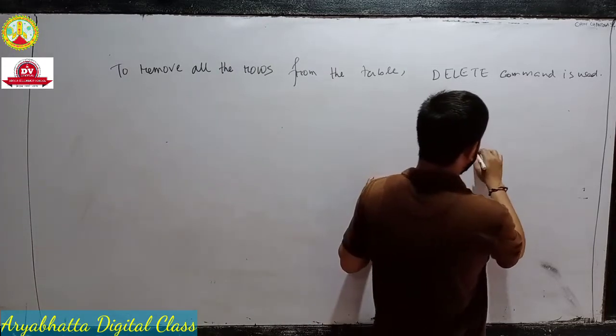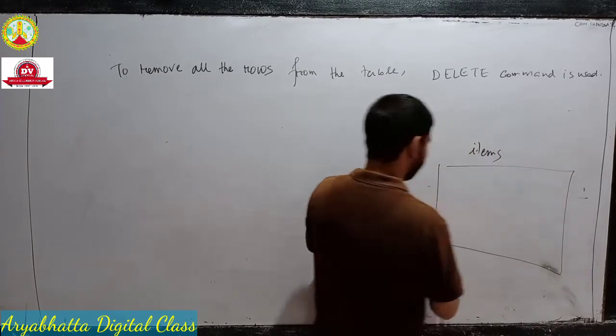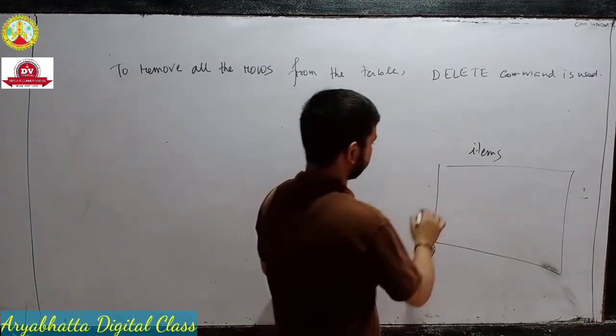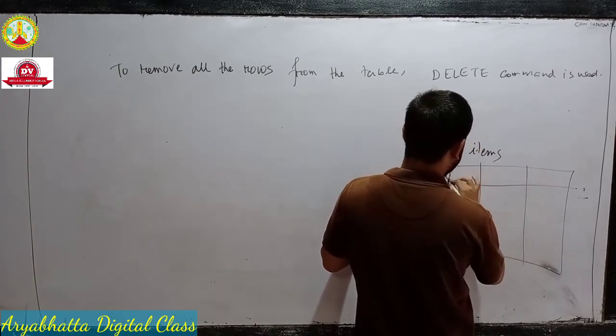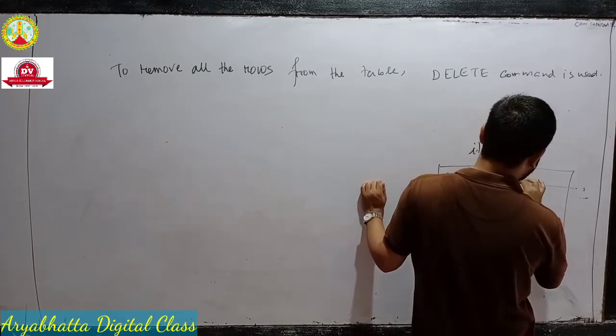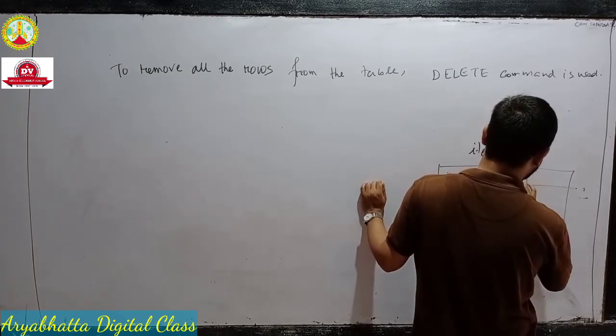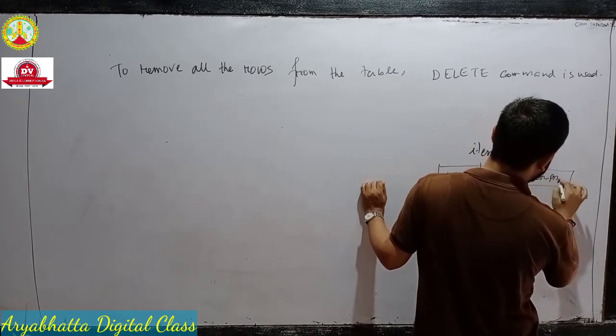I take the books, for example. I have an items table. Now suppose there are three attributes: item ID, item name, and the third one, item price.